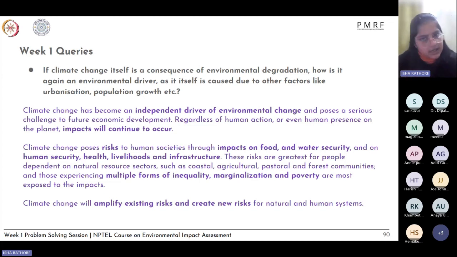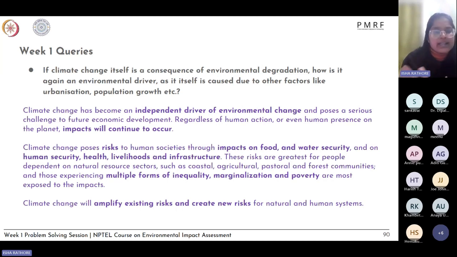So climate change is caused by human factors like urbanization, population growth, etc. But it has also become an independent driver of environmental change because it is now posing a very serious threat and risk, because it has affected the other environmental factors and parameters, because everything in the environment is connected.